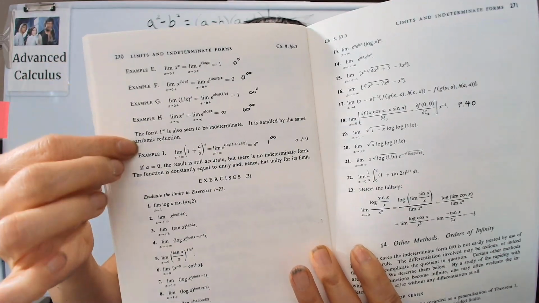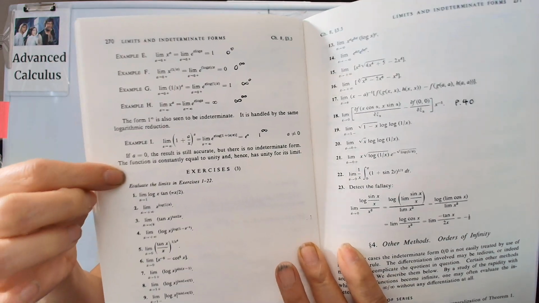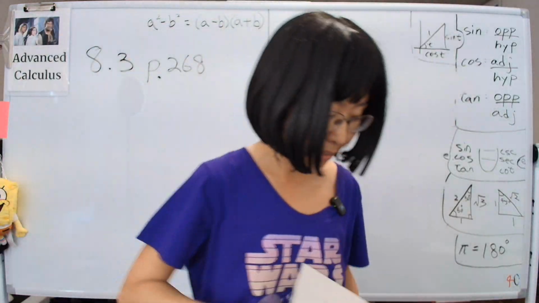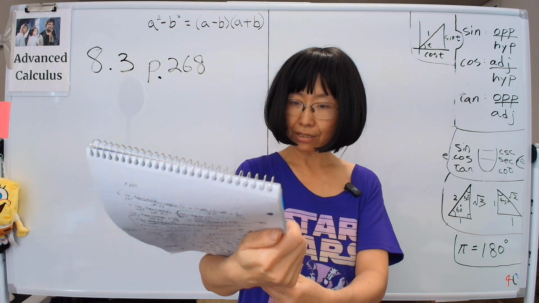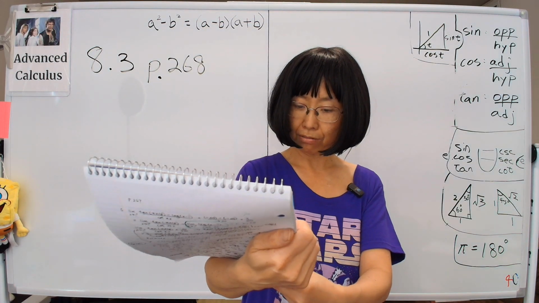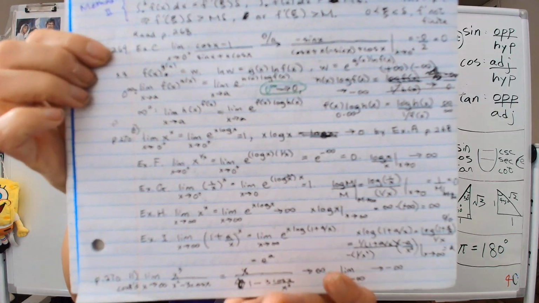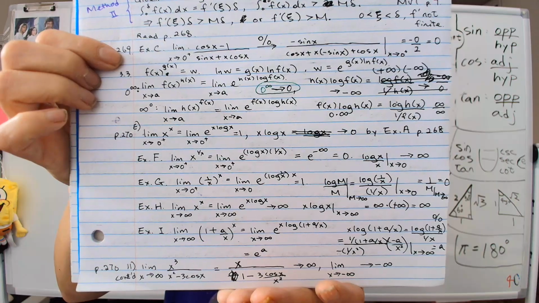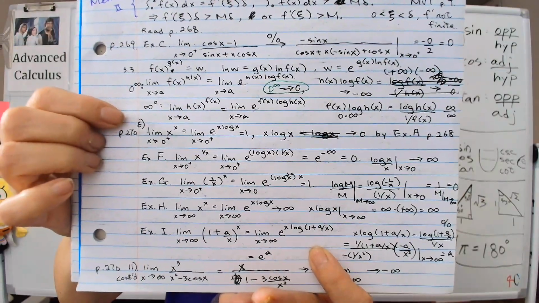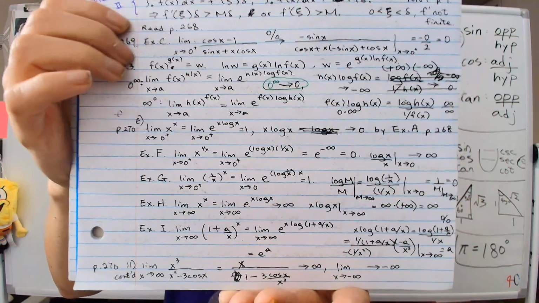This is page 270. Through all the examples, you notice how short they are. So please go over all of them yourself. Make sure that they all make sense. And as I have done, well, I don't know if I did all of it or some of it. Anyway, I have started on example C, and then of course the other examples E, F, G, H, I, and did all that.